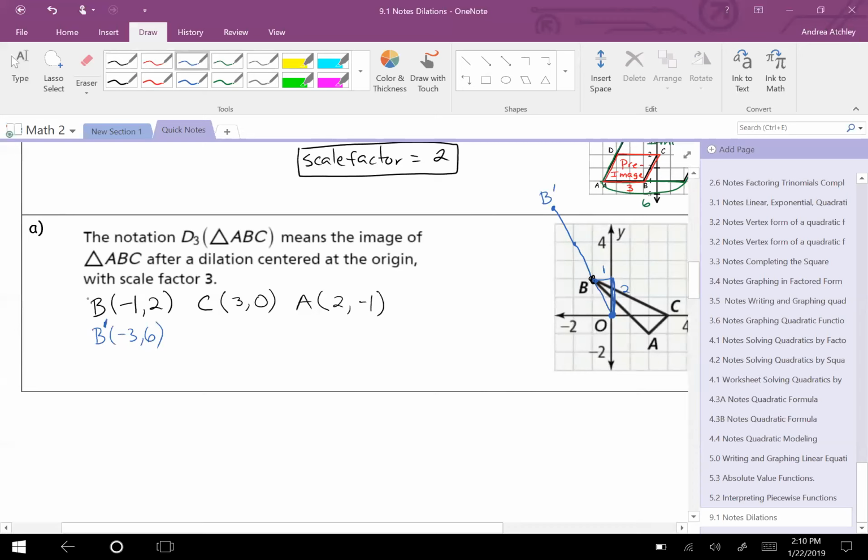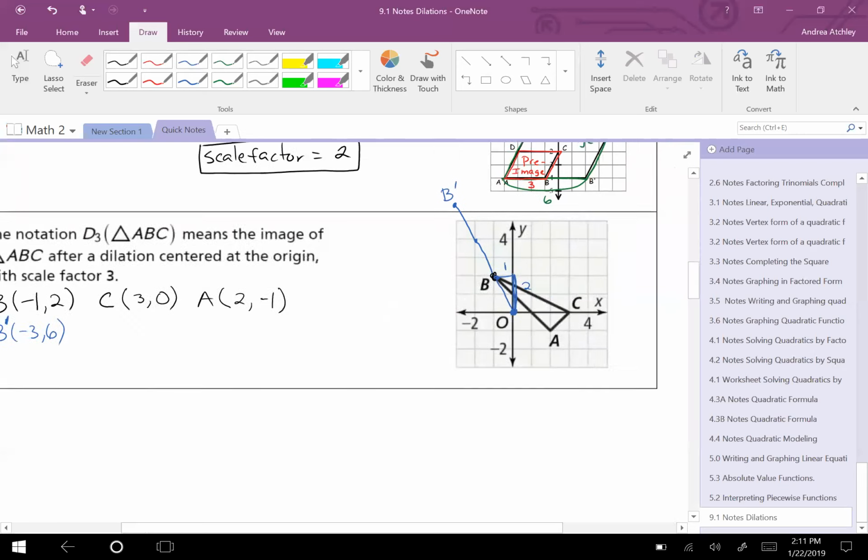All I did was take the original and multiply each of the coordinates by 3. The X coordinate, -1 times 3 is -3. 2 times 3 is 6. This only works when it's being dilated about the origin. If it's dilated about a different center point, then it will not work like that. You won't see that same relationship.